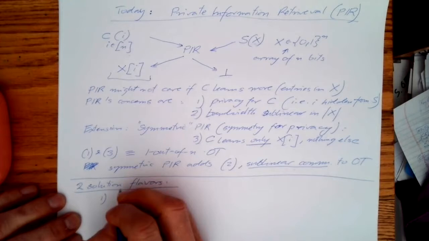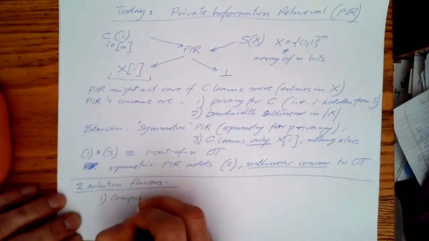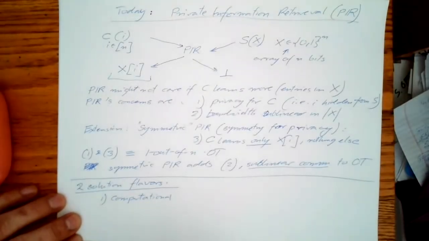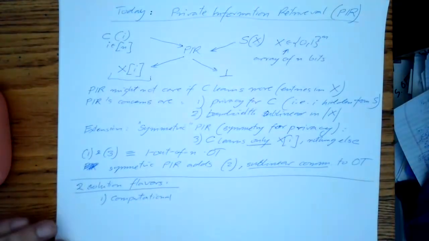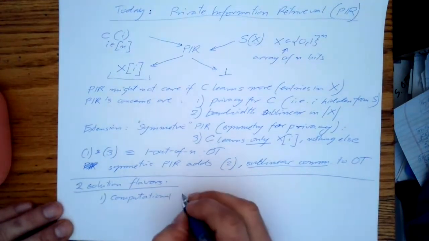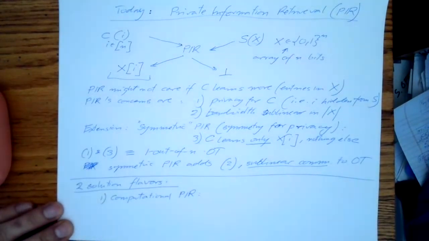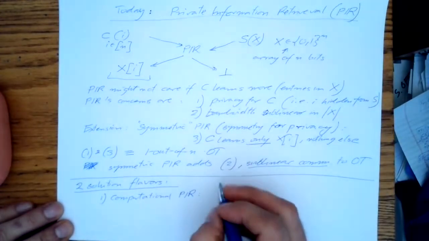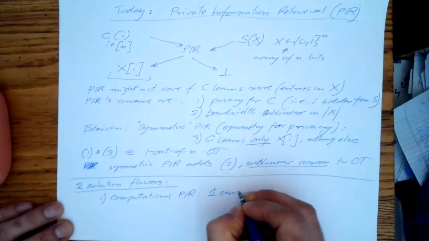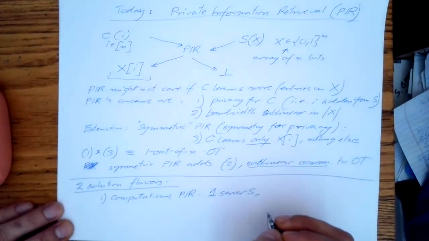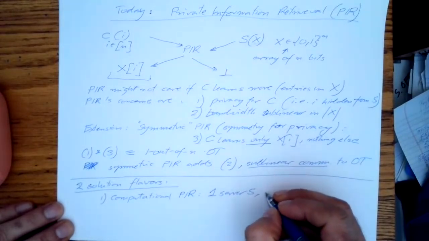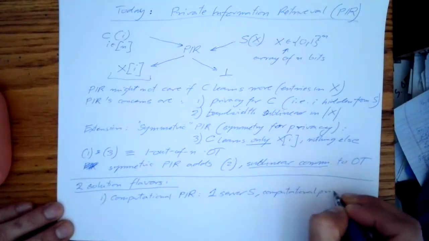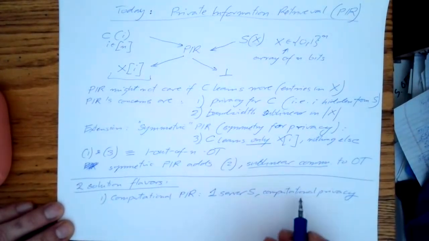One is computational PIR, where on the right-hand side you have one server, and what you get is computational privacy.